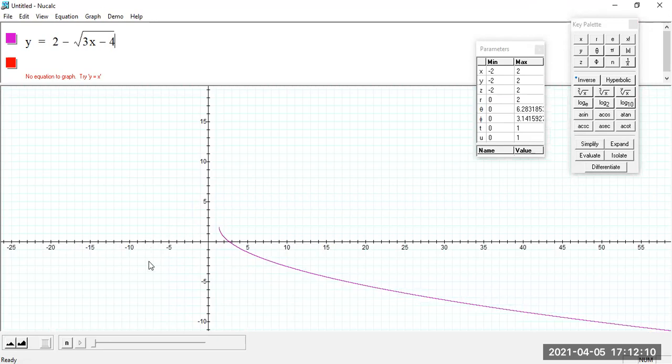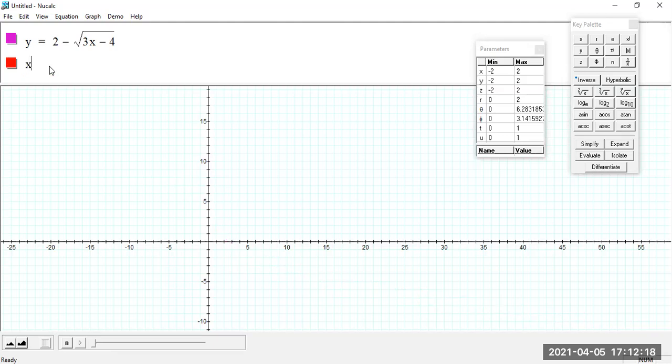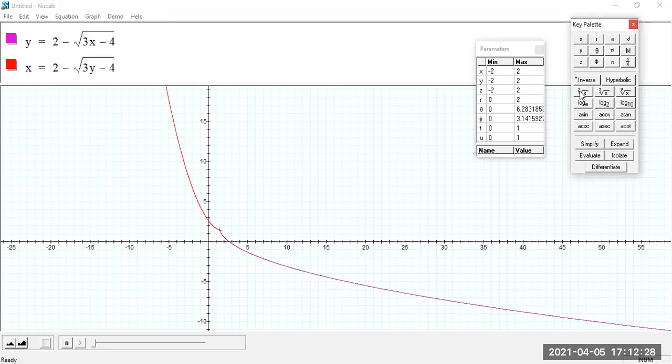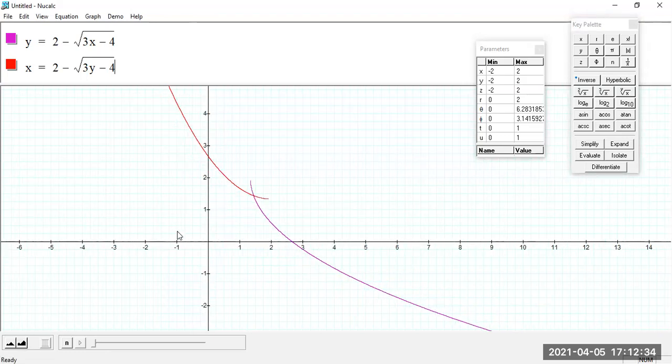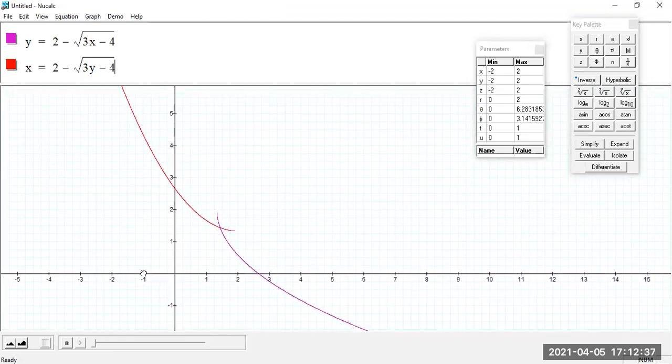That's what the function looks like, and it is one-to-one. Now then, the inverse is supposed to look like this. Let me zoom that in a bit more. That's what the inverse is supposed to look like, the red one.